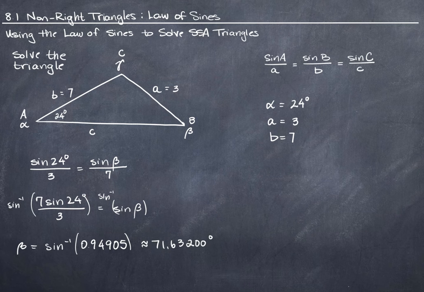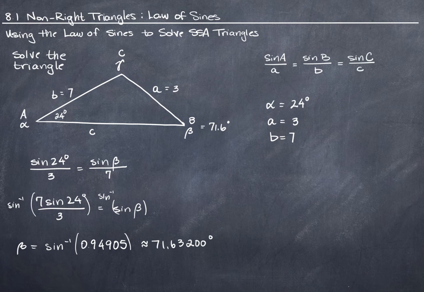So now I know how big beta is. For record keeping purposes, I'm just going to call that 71.6. And on the surface of it, it looks like we're done, at least finding this angle, right? We can now go in and find angle C and use the law of sines again to find side C.